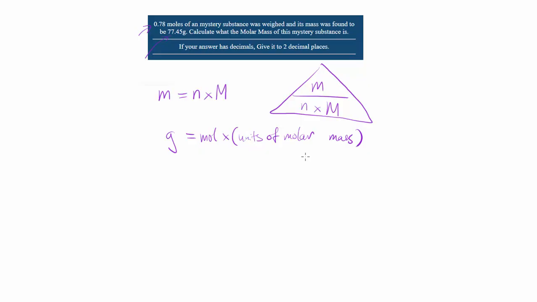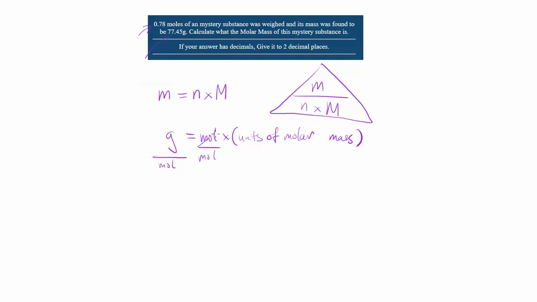How are we going to do that? The way we're going to move the moles to this side of the equation, well, at least what we're trying to do is remove it from this side, is by dividing both sides by that particular unit. So in this case, we're going to divide this by moles, and we're going to divide this by moles, and what do we get?